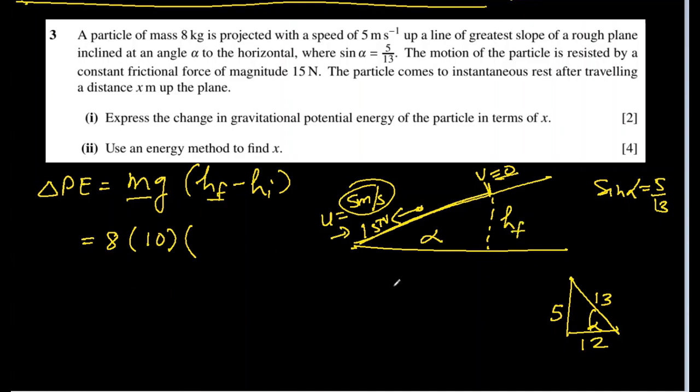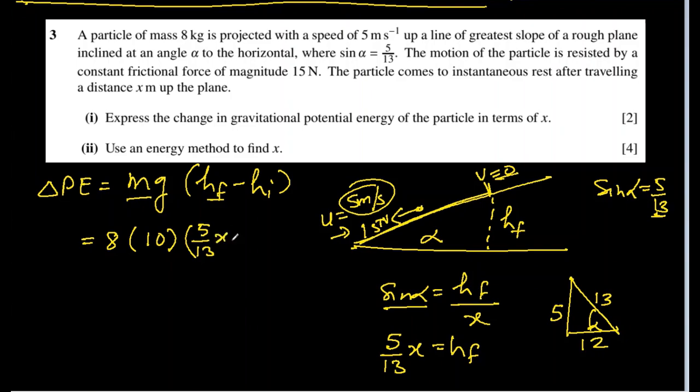So sine alpha equal to hf over the total distance it traveled, which was x. So sine alpha is given 5 over 13. So 5 over 13 x is equal to the final height. So we'll write here 5 over 13 x.